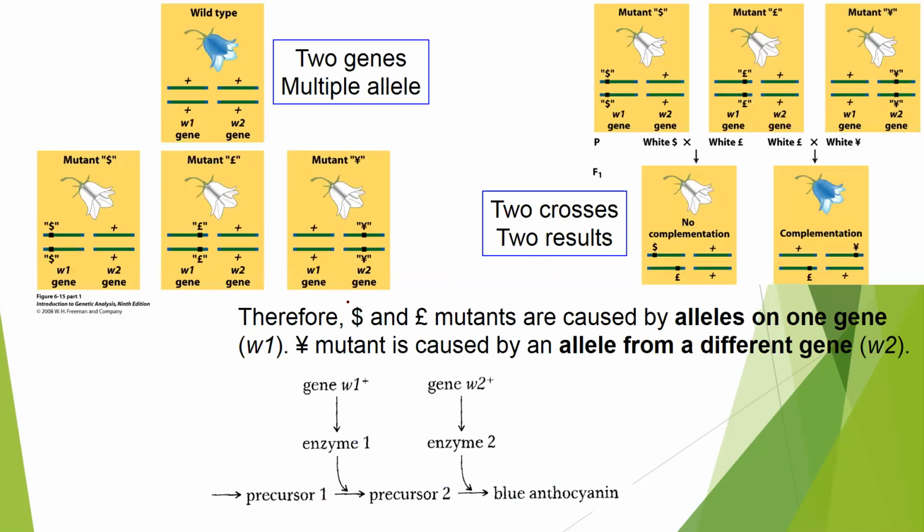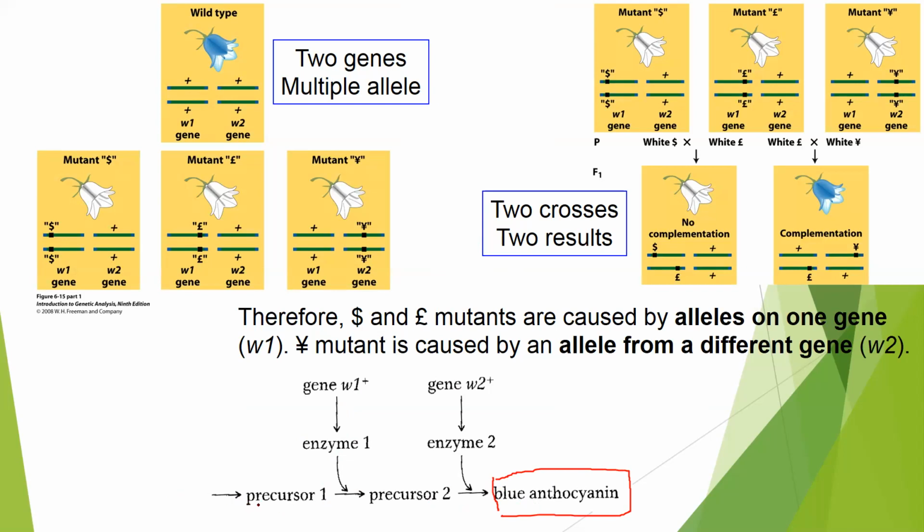All right. So before we talk about this complementation test, let me tell you about the real biology behind. This is the biology behind, okay? The wild type, which shows the blue color in the flower, right? This blue pigment in the flower petal is produced through this biological pathway.